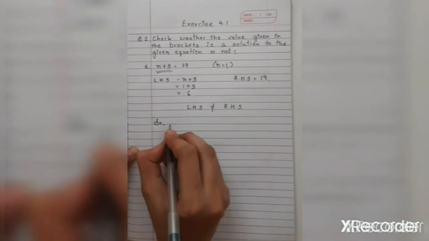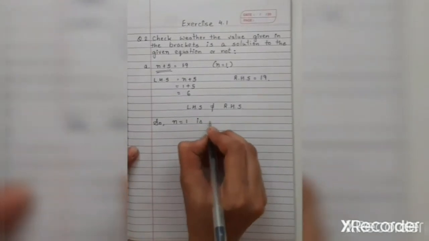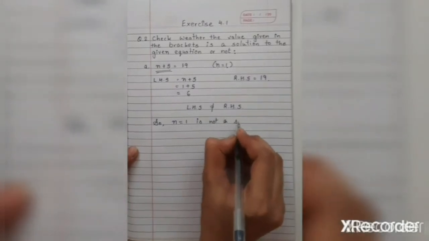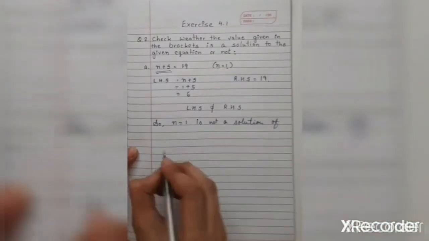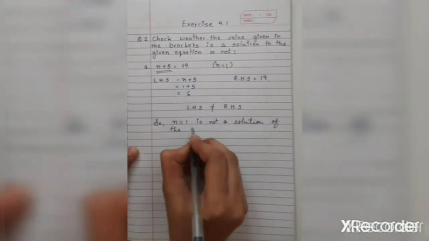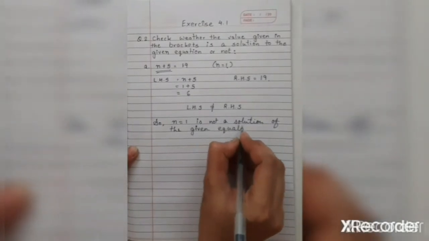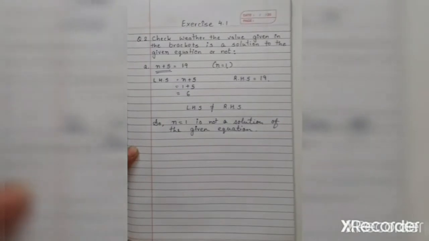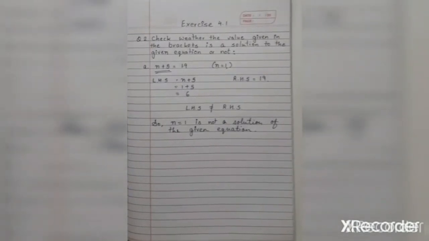So n equals to 1 is not a solution of the given equation. In this way you can check whether the values given in the brackets is a solution to the given equation or not.